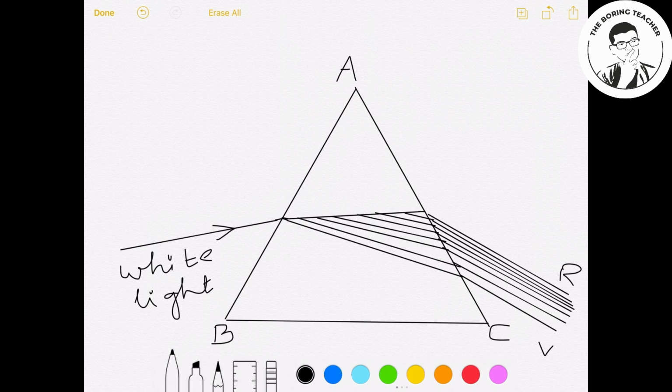For his experiment, he took a triangular prism and white light, as shown here, was incident on the surface AB of a prism. Then on the other side, he observed that the white light was dispersed or separated into its constituent different colors, starting with violet till red.